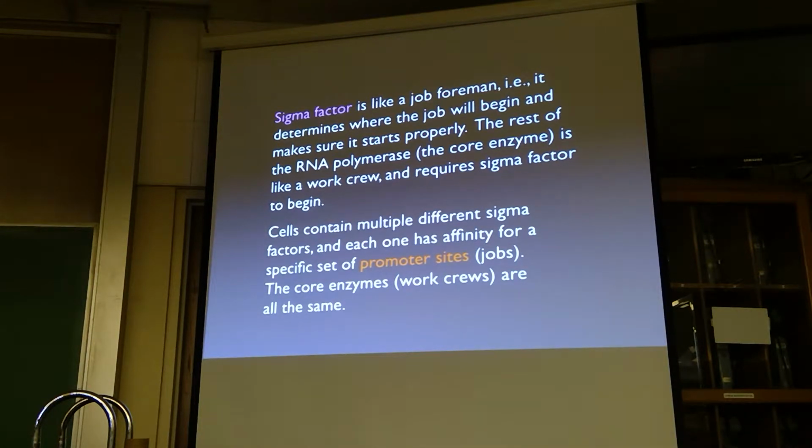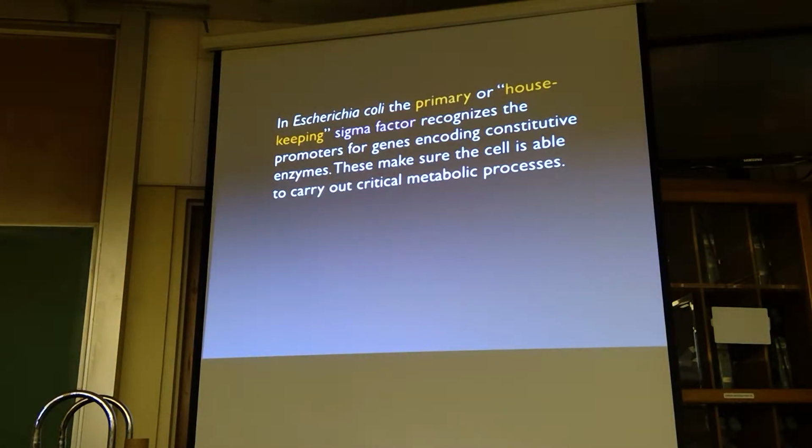And again, there's different sigma factors within cells. They have different affinities for different promoter sites. There's a lot of detail to this that you guys don't need to worry about. Just recognize that sigma factor binds to a promoter. That's where transcription is going to start. So you may also hear reference to housekeeping genes.